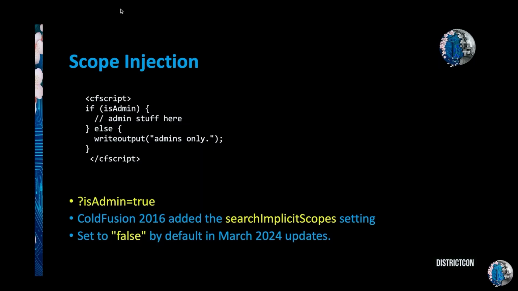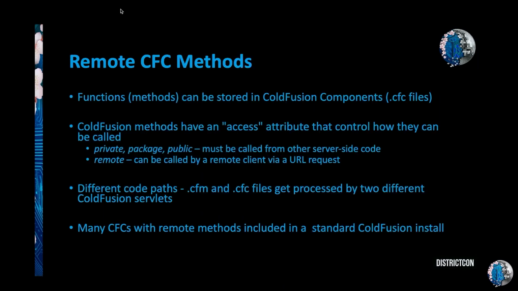That would be found when the code searched for some variable named isAdmin in any of the scopes. Since then, most recently in 2024, Adobe has released a patch where searching for unscoped variables is turned off by default.